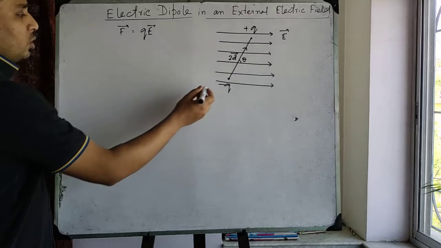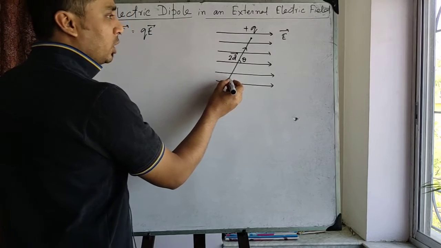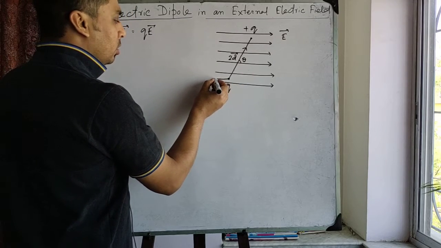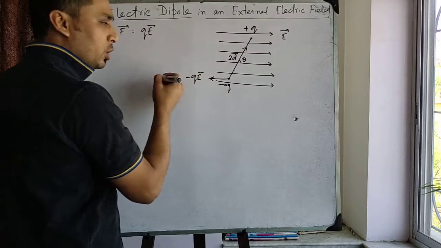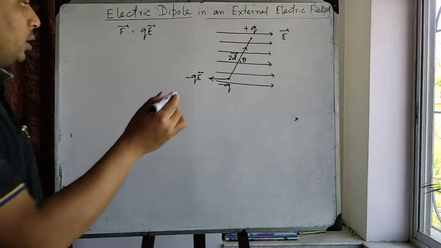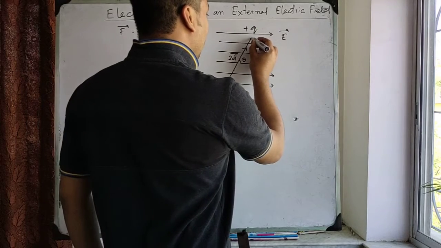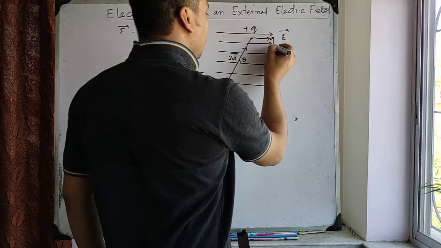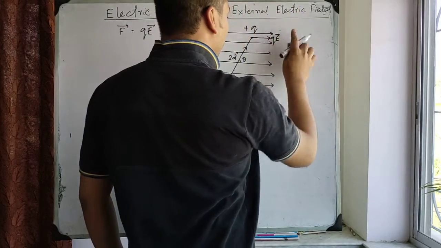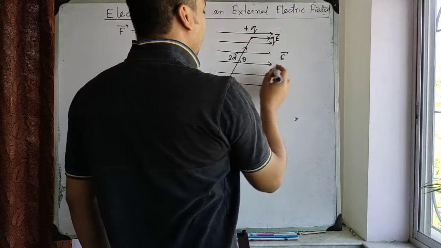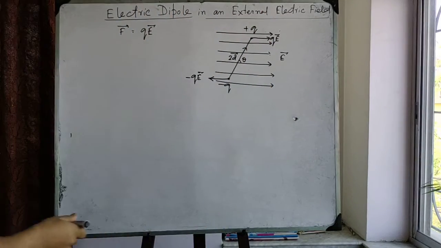So the force on minus q charge of the dipole is minus qE, opposite to the field direction, and the force on plus q charge is qE along the field direction.